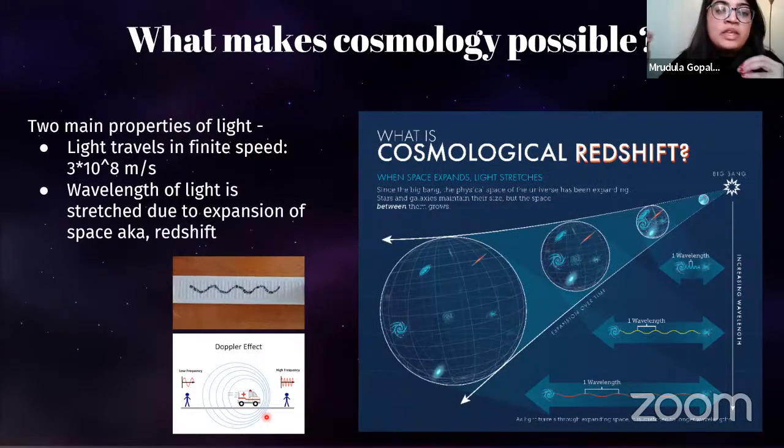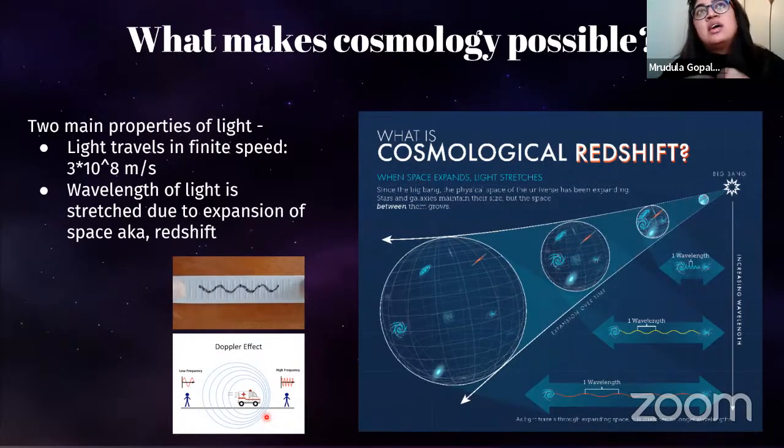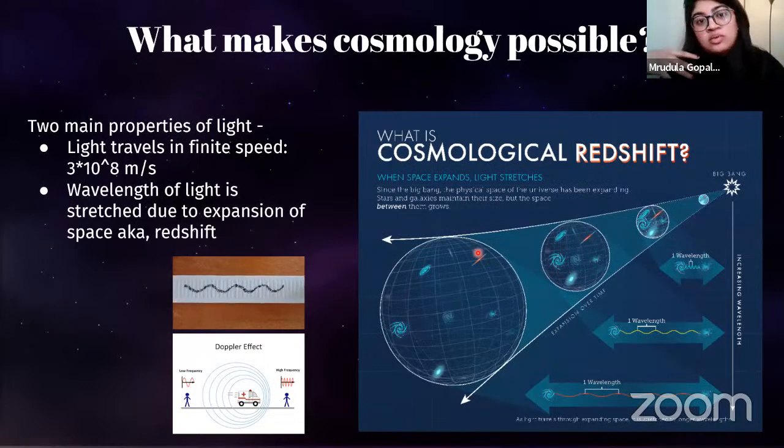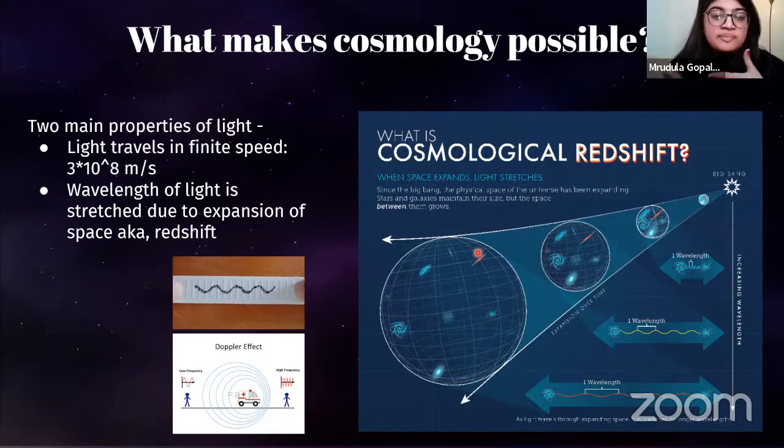Light also undergoes this Doppler effect, though in light it's a little different. Whatever is closer to us appears more blue, and whatever is moving away from us appears red, and that's why it's called redshift. And if you're looking at light that was emitted very long ago, it appears redder to us.